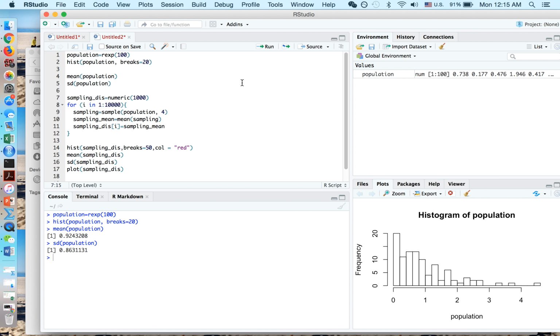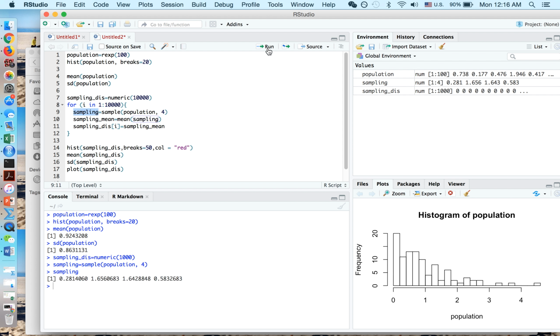All right, and then we will make an empty vector of 10,000, because we're going to do this sampling 10,000 times. Let's set the sampling size to 4. So every time I'm going to pick 4 samples from this population.